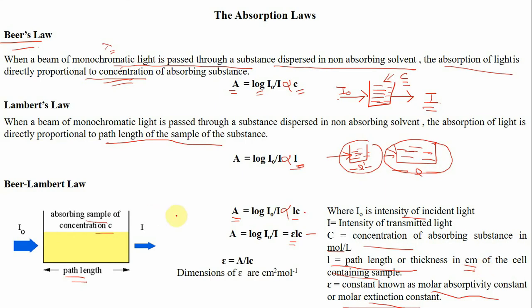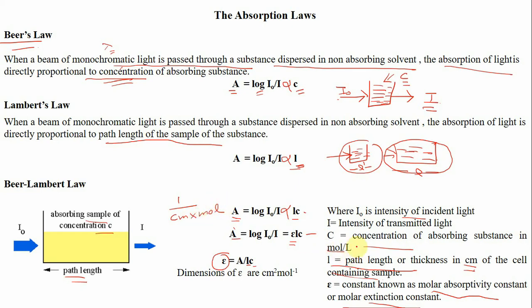If we want to calculate the units of this epsilon, it becomes absorbance divided by L into C. Since absorbance is a unitless quantity, it becomes 1. The unit of L is centimeter, and the unit of concentration is mole per liter.